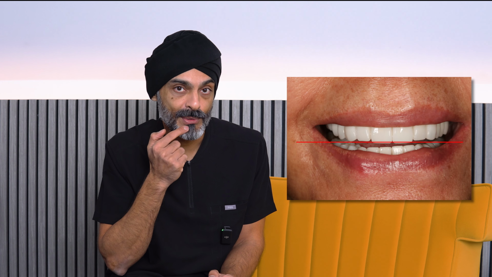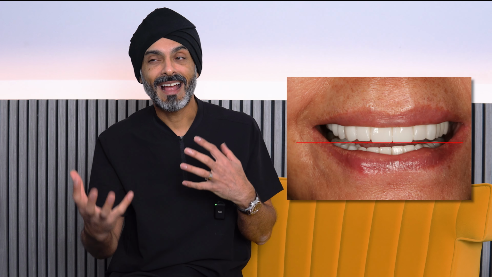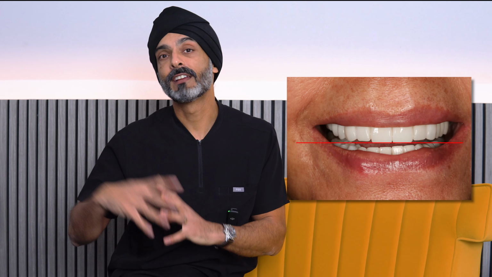Now, in terms of getting an age-appropriate smile, I kind of touched on this earlier, but one of the key metrics that we need to look at is the length of the upper teeth. Okay, now as we get older, we show less and less top tooth, we show more and more lower tooth. So the amount of tooth that we show has to kind of be age appropriate if that's what the patient wants.